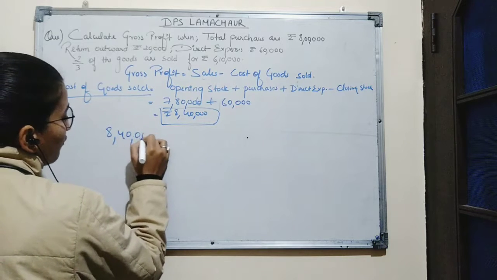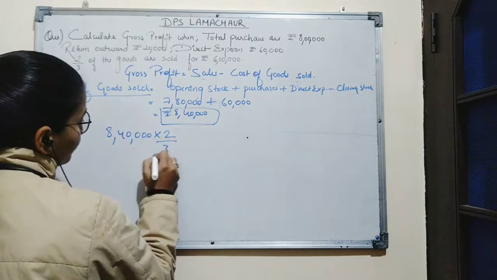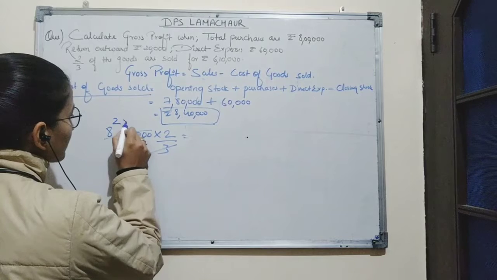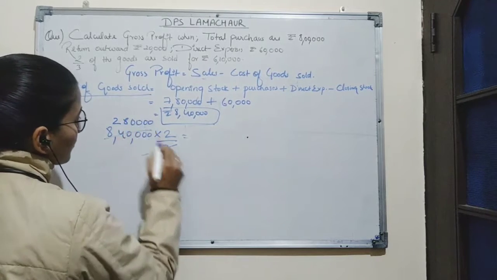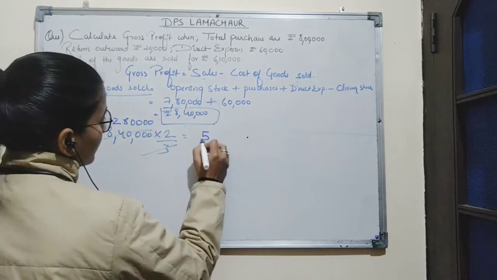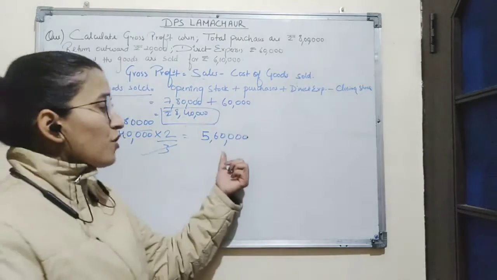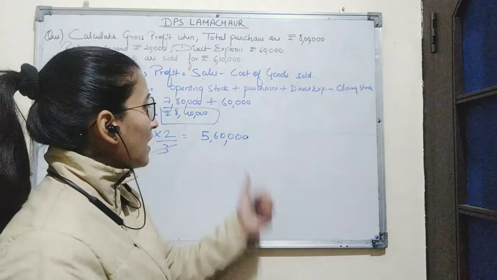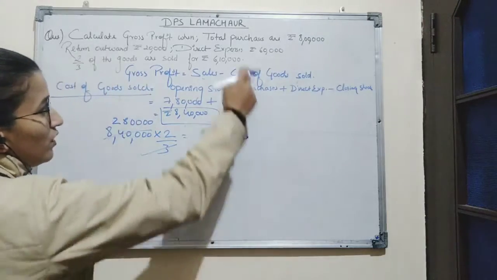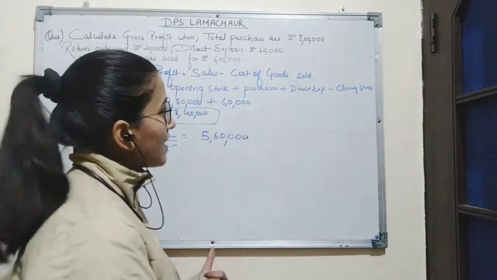So 2/3 of 8,40,000 is, so cost of rupees 5,60,000 of goods have been sold for rupees 6,10,000.